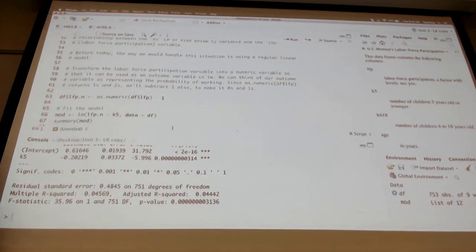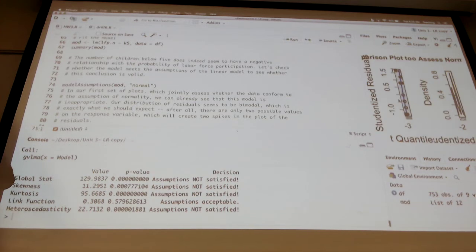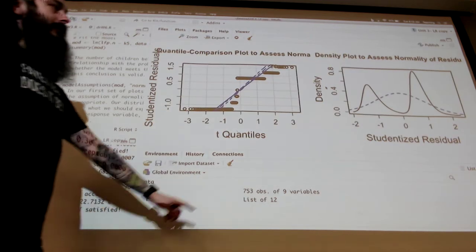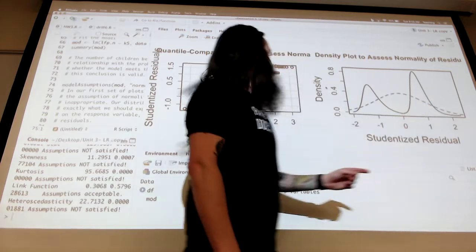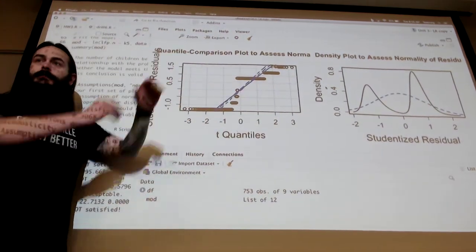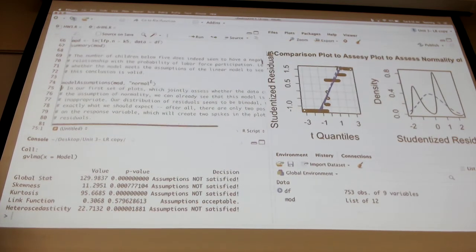But the problem with this is once we look at our assumptions. If we look at the normality assumptions in this, quite clearly our residuals don't follow that normal distribution. These should fall more or less along those lines, so normality isn't looking too great.